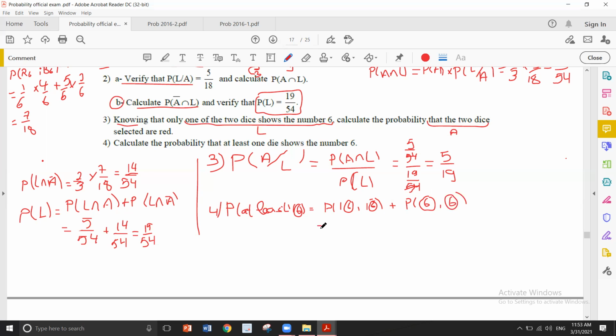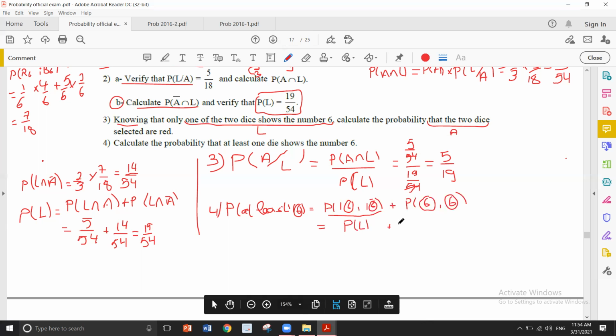How to calculate the probability of at least one 6? It is the probability of L, exactly one 6, plus the probability of two 6s. How to calculate the probability of two 6s?